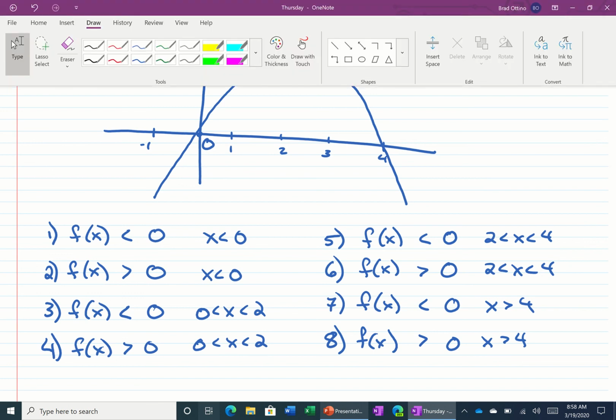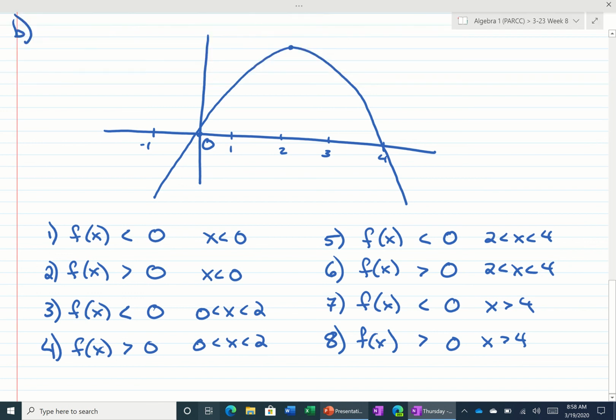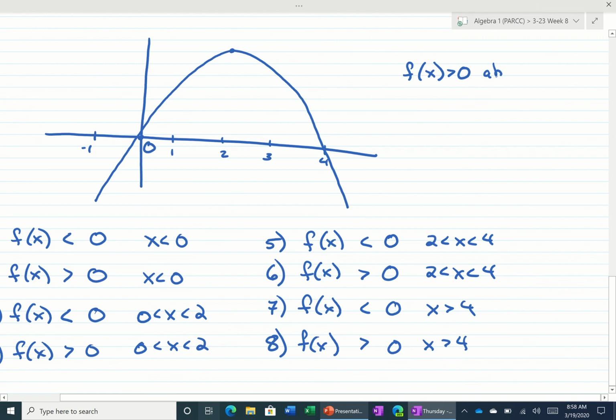So it's asking us, when is f of x greater than 0 or less than 0? Well, f of x greater than 0 means above the x-axis. F of x less than 0 means below the x-axis.